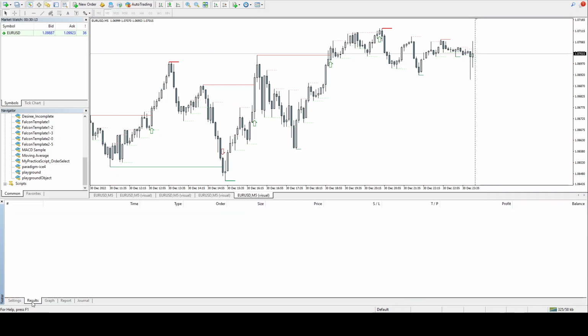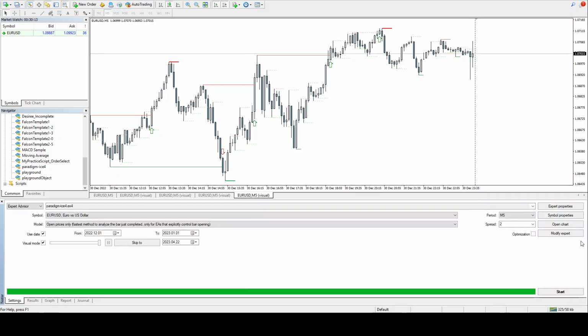No trades were taken. Oh, okay, I think I added a filter for it not to trade in December. Let me see. Where is the trade period? Trade in January, true. Oh, this is it.